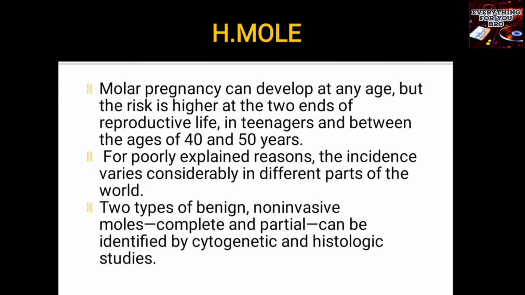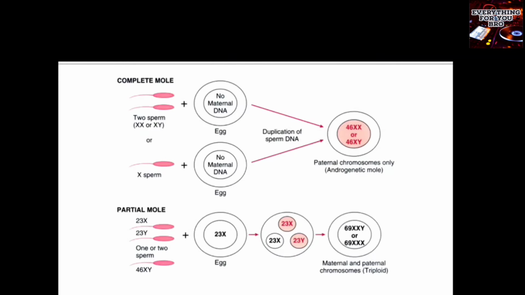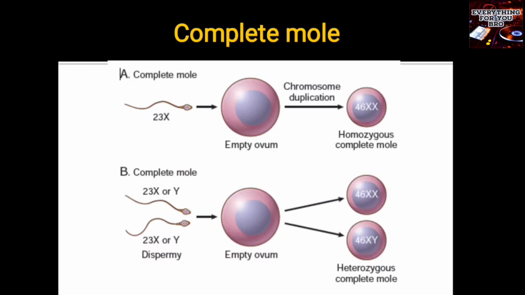So two types of benign non-invasive moles are identified by cytogenetic and histological studies. They are complete and partial moles. So complete mole, what is the pathogenesis of complete mole?